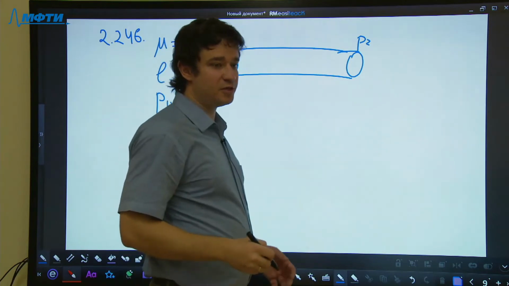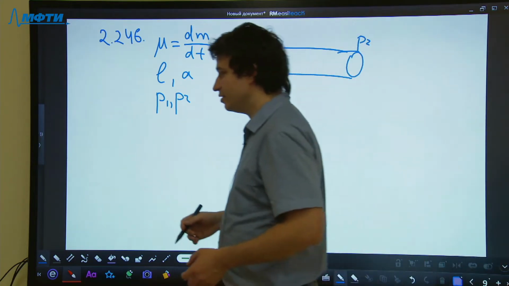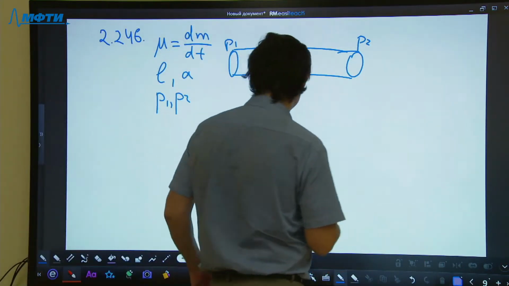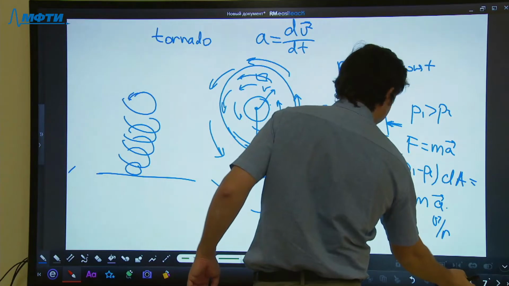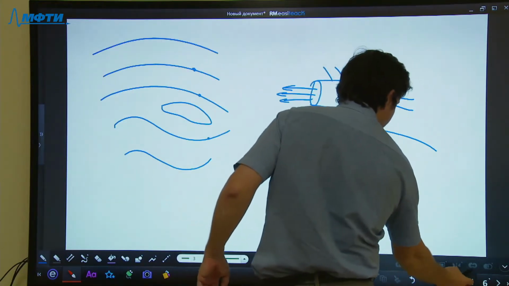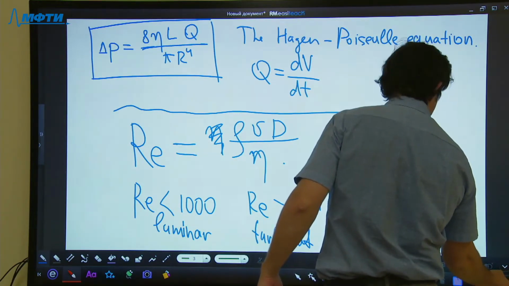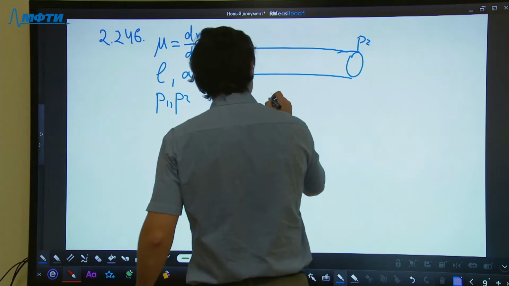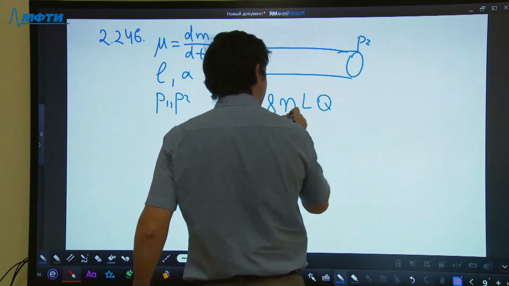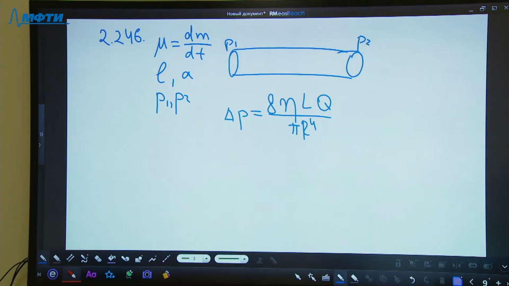So it pretty much looks like a very simple problem on Poiseuille equation, but well, let's start by writing this Poiseuille equation, which says that delta P equals to... The most important part of this problem is not just to directly apply Poiseuille equation.